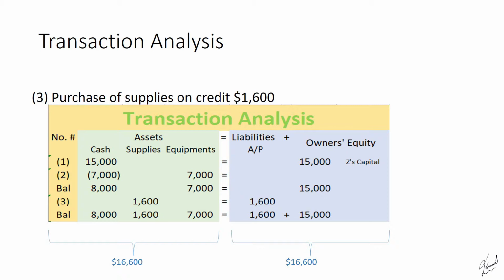So let's move to the next transaction, that is purchase of supplies on credit worth 1600. Now what is meant by on credit? On credit means when we purchase something on credit, we don't have to pay it right now, we will pay it later. So the amount is called accounts payable.